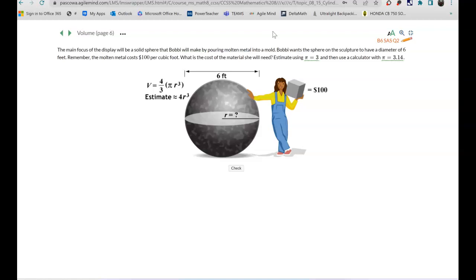So, we want to figure out what is the cost to make a sphere with a diameter of 6 feet when the metal cost is $100 per cubic foot. Now, we're going to estimate using pi equals 3, and then we're going to use a calculator to find the exact measurement, or a more appropriate measurement, using 3.14 for pi. All right.